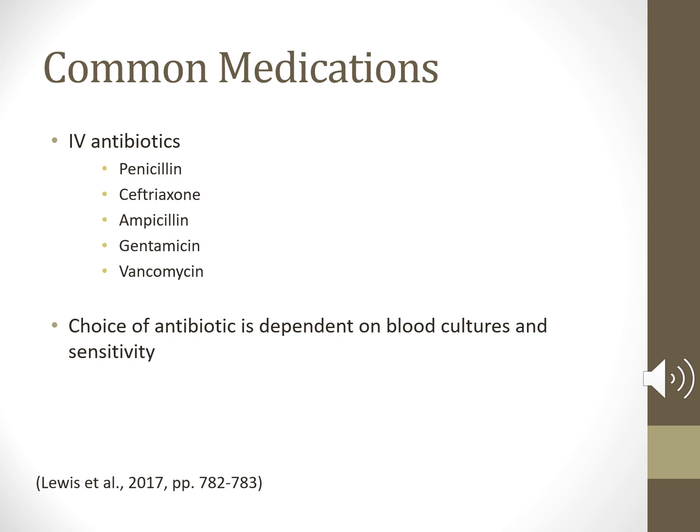And the use of antibiotics really depends on what comes back with the result of the blood culture and the sensitivity of the antibiotic. So it really depends on what comes back from lab, and that will show the type of bacteria that's present, whether it's gram-positive or gram-negative, and what type of antibiotic will be effective in killing that type of bacteria.